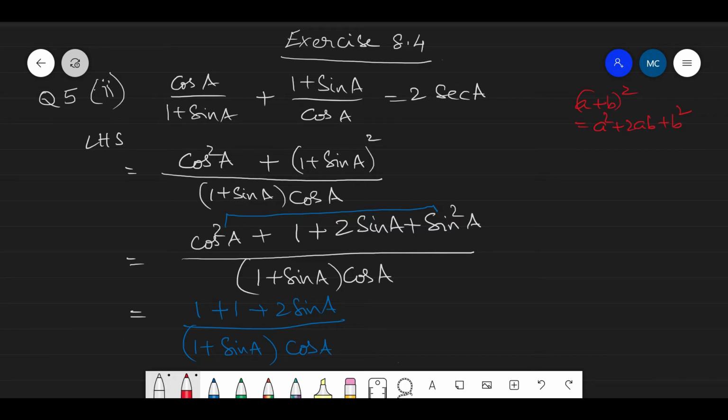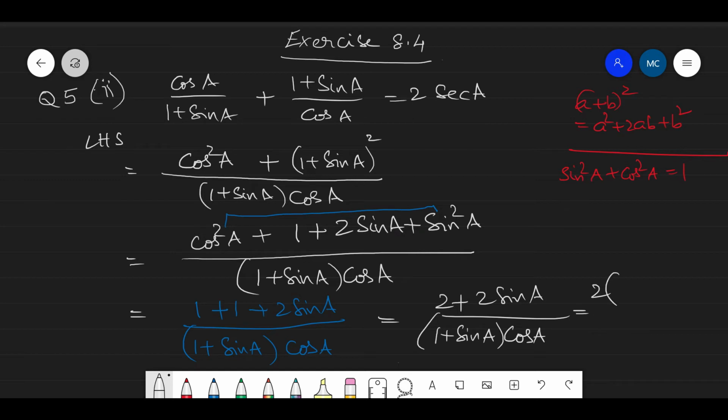So which one we applied? Sin square A plus cos square A is equal to 1. Now this will become 2 plus 2 sin A by 1 plus sin A into cos A.